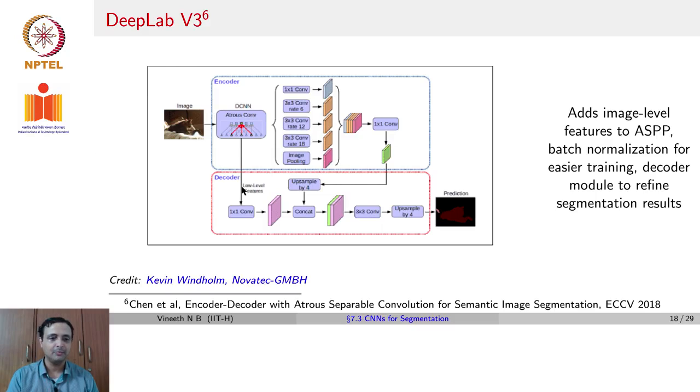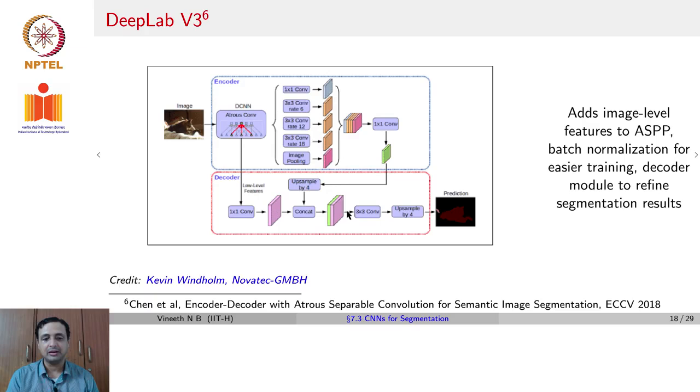So you can see here that you have the ASPP module, using which you perform 1x1 convolution, 3x3 convolution, so on and so forth. You get a set of feature maps which are concatenated. 1x1 convolution is done to reduce the depth of those channels, and that is then upsampled by 4 and passed on to the decoder along with the output of the ASPP module.